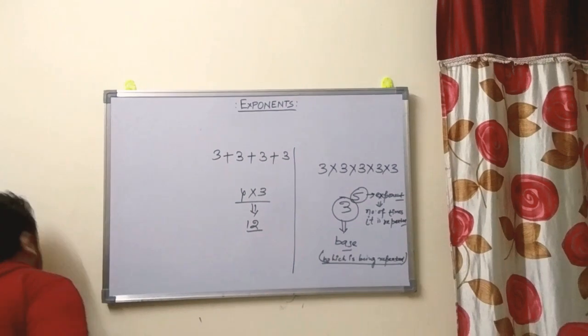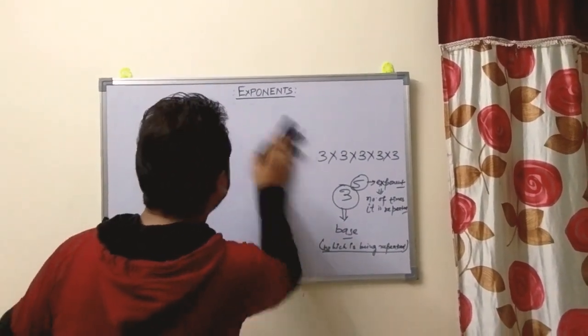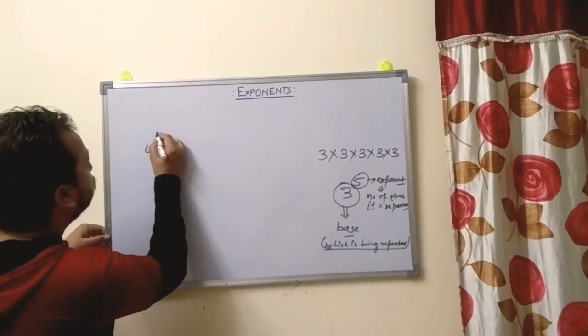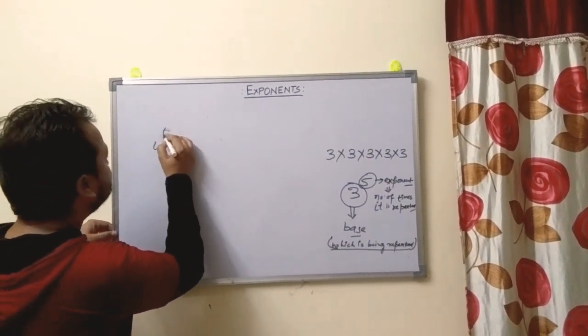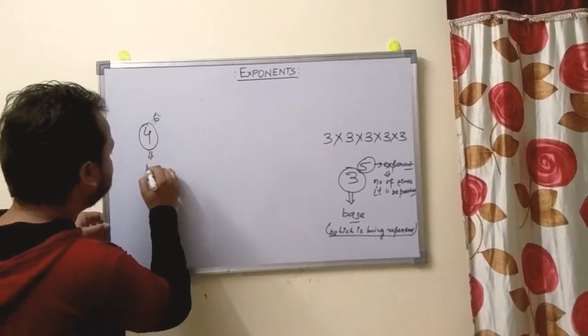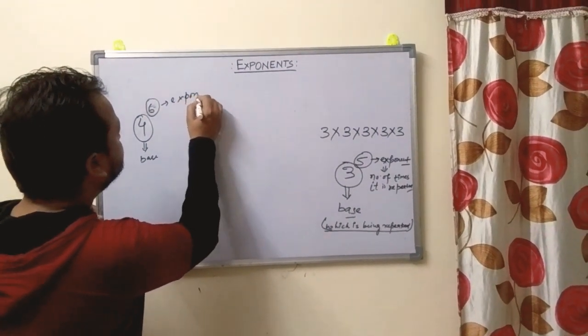Take another example. If it is written as 4 to the power 6, right? Means 4 is what? Base, and 6 is what? Exponent, right?